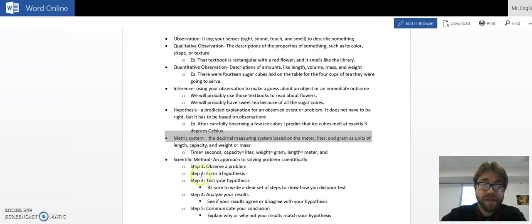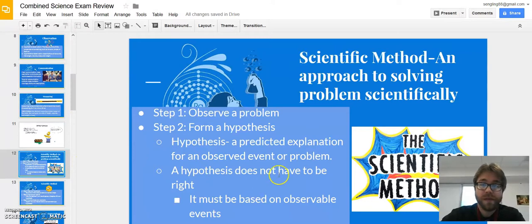Right, and finally, the final part of our basics of science unit is the scientific method. That is the approach scientists use to solve a problem. So whenever I say scientific method, think this is what scientists do to solve problems, and really anyone can do this to solve a problem. And we always start the same way. We start off at step 1, and that's observing a problem.